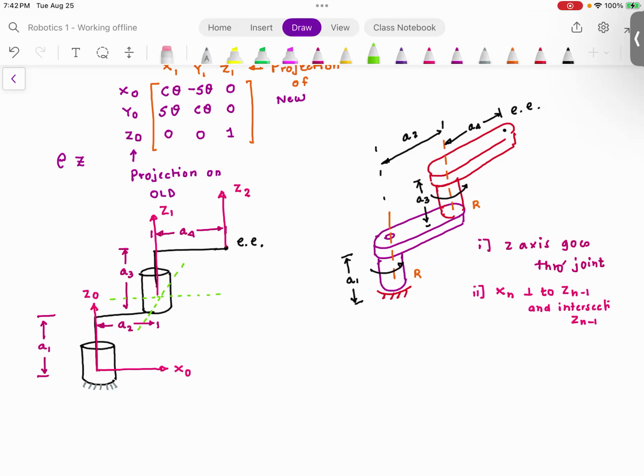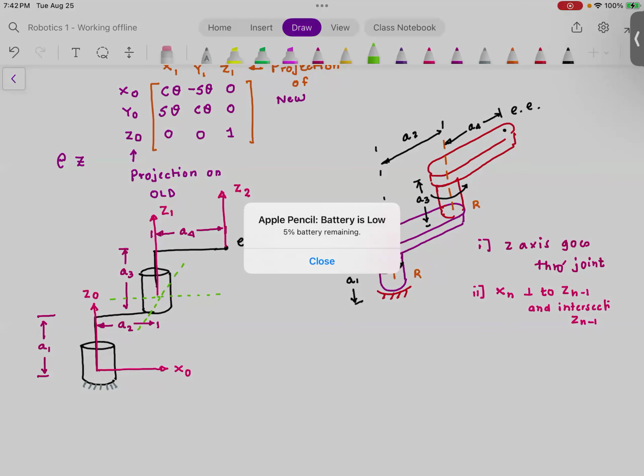Because there is this offset A2 between X1 and Z0. Do you agree with me? So if I draw this here, or here, the rule will not be satisfied. So the only option is I need to draw X1 here or here, in these 2 directions.